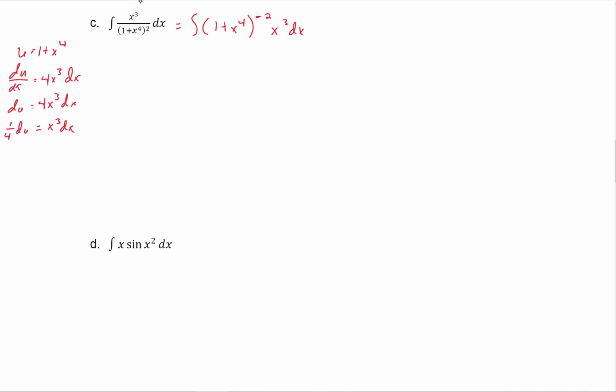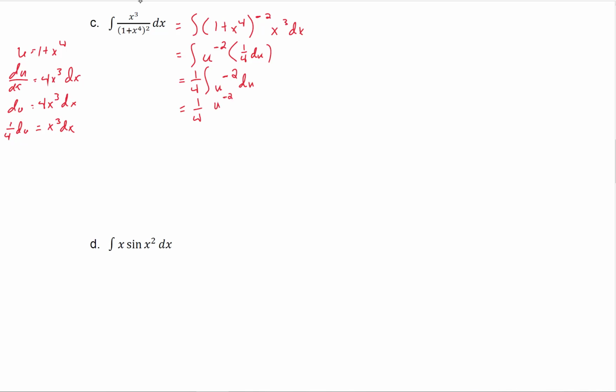So now we can do our substitution. This becomes the integral of u to the negative second power times 1/4 du, because we only had one x cubed dx. As always, you can pull the constant out. So this is 1/4 times the integral of u to the negative second power du. Now we're ready to integrate. So this equals 1/4 times the general antiderivative of u to the negative second power with respect to u.